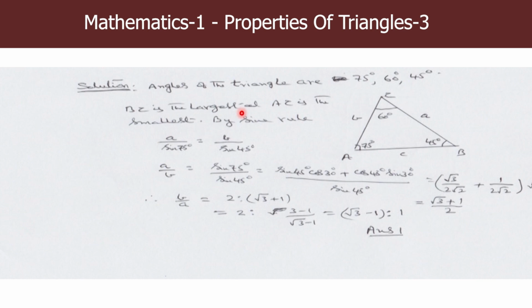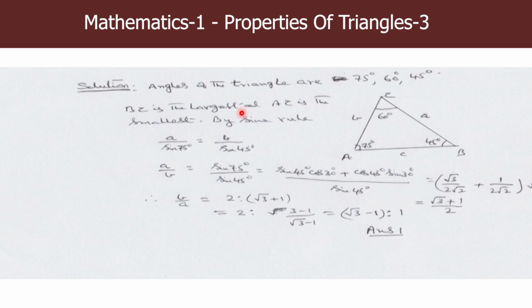So BC is the largest, and you know that in any triangle, the side opposite to the largest angle is greater than the side opposite to the smallest angle. So therefore, BC is the largest side and AC is the smallest side.